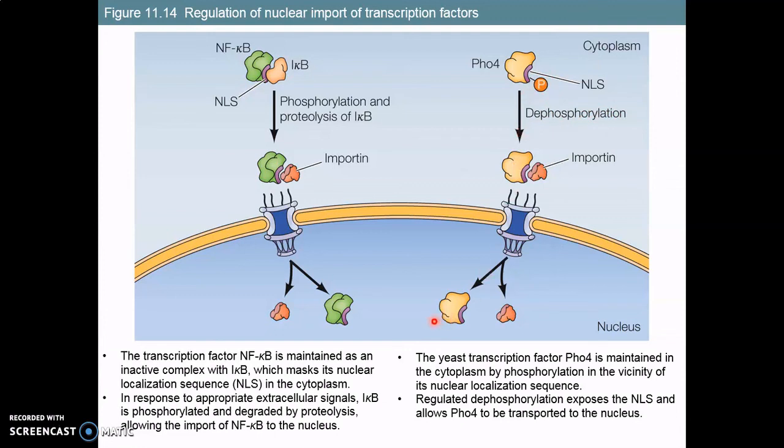So here we can see we have a couple of different ways that we can regulate whether or not the transcription factors are even there to do their job, right? So recognize that the transcription factor itself is a way that we can regulate whether you make more or less of a particular protein. Here we can see we actually have a way that we can regulate turning those transcription factors on and off.